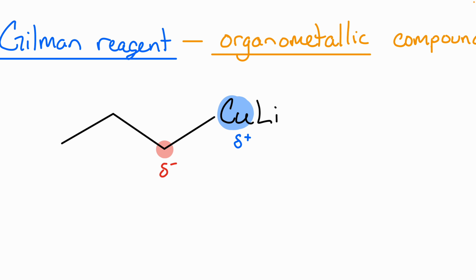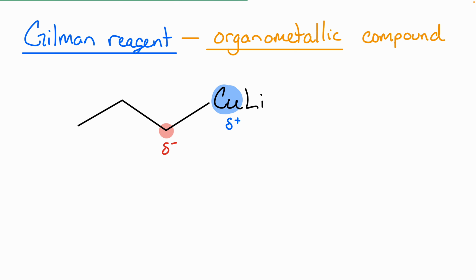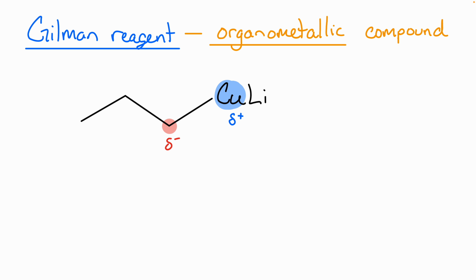All right, so what is so special about our organometallic compounds? We have a carbon hoarding a ton of electron density, which means it's what? A good electrophile or nucleophile? Nucleophile. All right, so our organometallic compounds here, we have a nucleophilic carbon.